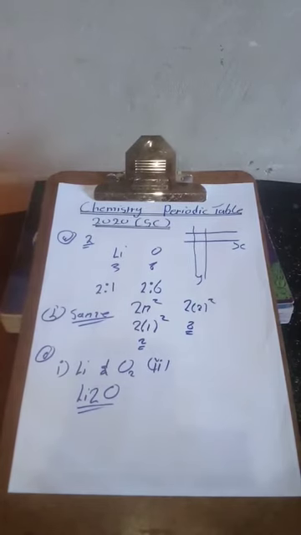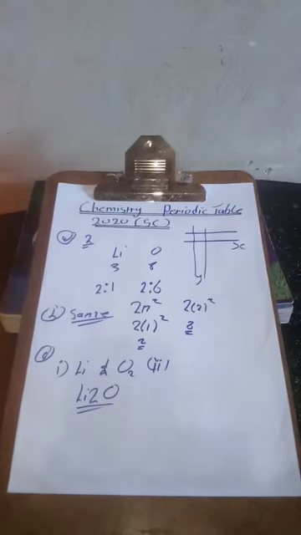So it's just a matter of you going to the periodic table and looking at the number of outermost electrons in the outermost energy level, or the outermost shell that you have. That's the one that is going to alert you to say, okay, now this one has a valency of 3.